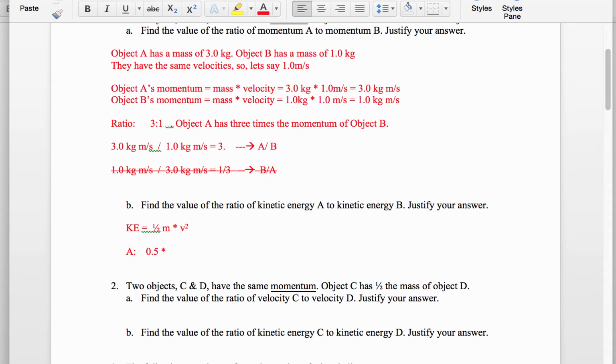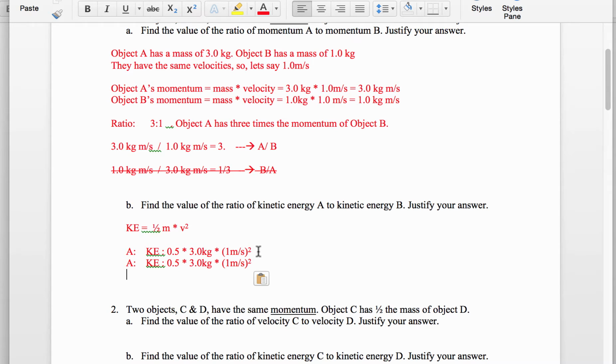Type in KE. 1/2 times its mass, and its mass was 3 kilograms, times its velocity of 1 meter per second. Put that in parentheses to make this make more sense, squared. And I'm not going to do that yet. I'm just going to copy and paste for B. What's different about B? Only the mass.